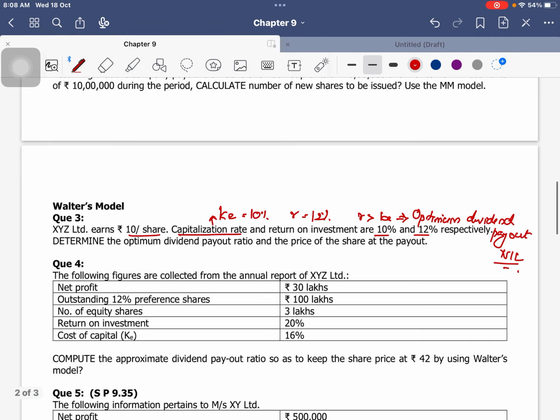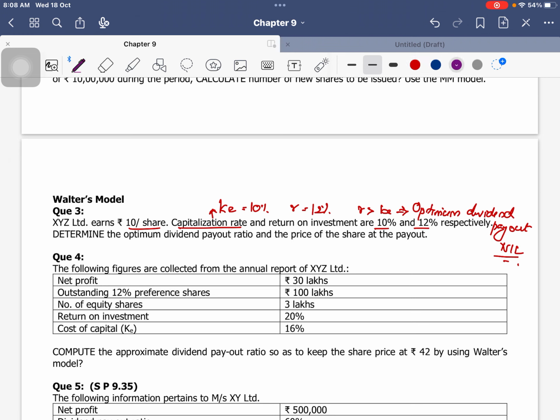Now let us find out what is P. I am doing the calculation here itself. P0 is equal to D1 plus R by KE into E minus D divided by KE. What is D1?